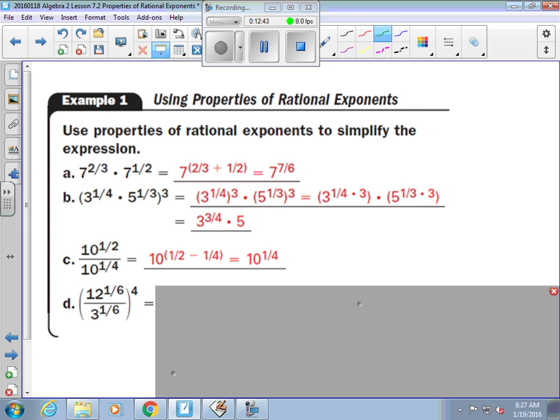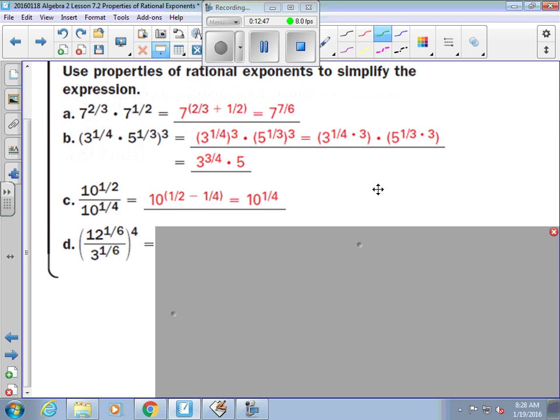And the last one from example number 1 is for using properties of exponents. 12 to the 1/6 divided by 3 to the 1/6, to the 4th. Notice that both of these numbers are being raised to the 1/6. So since they're both being raised to the 1/6, we can divide 12 by 3 and get 4 to the 1/6 power being raised to the 4th power.